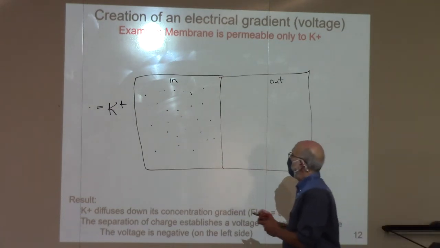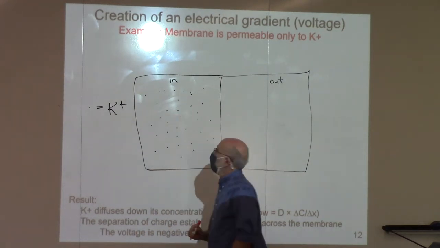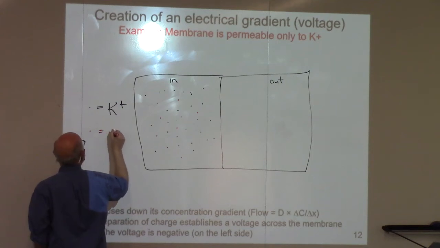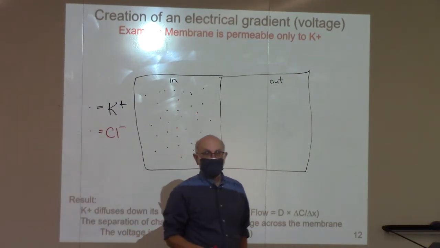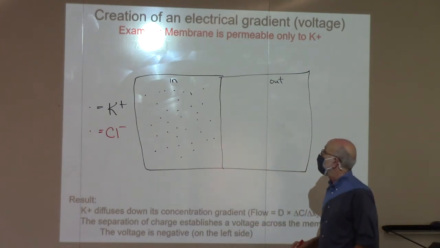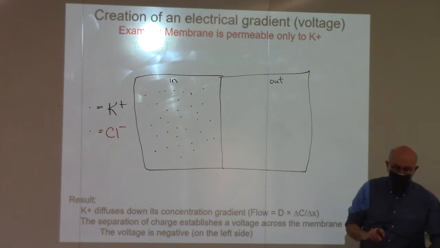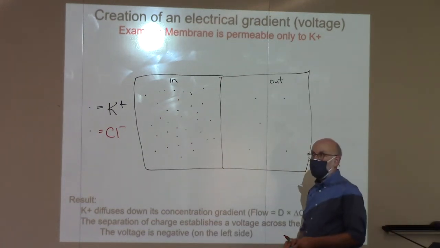and of course there is some chloride and other counter ions, anions, negatively charged ions, on the inside. And there is some potassium on the outside.